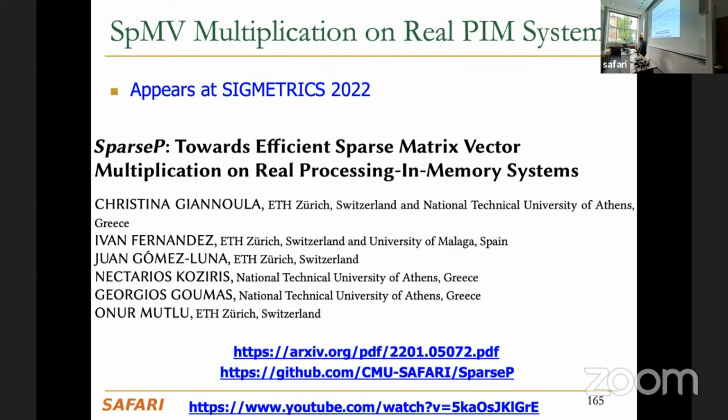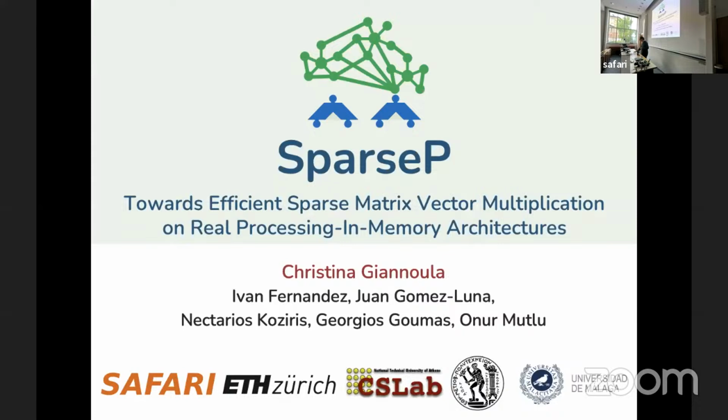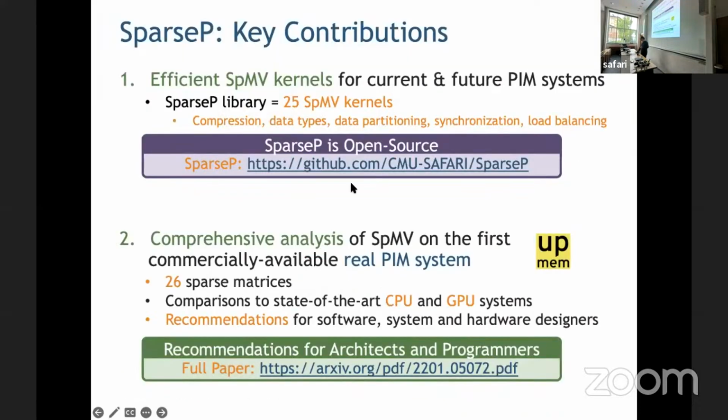Christina did a lot of work in her thesis to get sparse matrix vector multiplication working nicely, as much as possible, on the UpMem system. She didn't quite succeed, but she worked very hard. She looked at many different things, meaning many different ways of doing compression, data types, data partitioning, synchronization, and load balancing, so that she could get good performance out of sparse matrix vector multiplication, which is really the core of a lot of machine learning algorithms today.